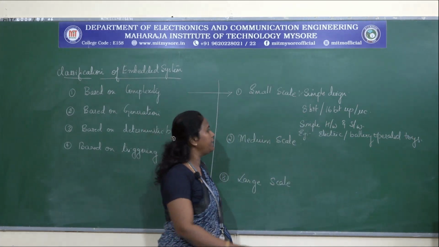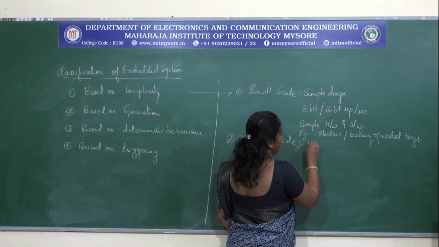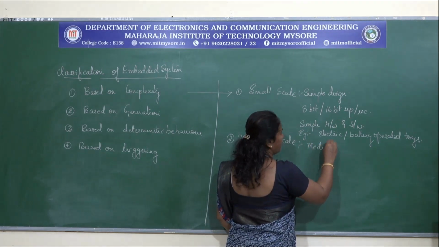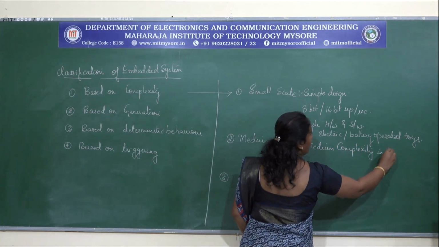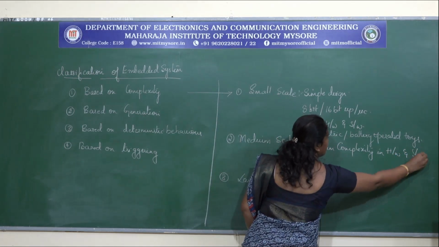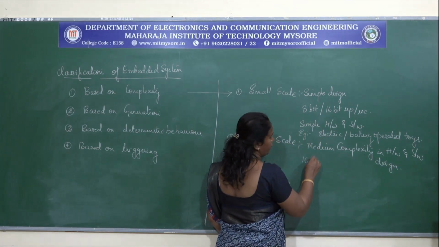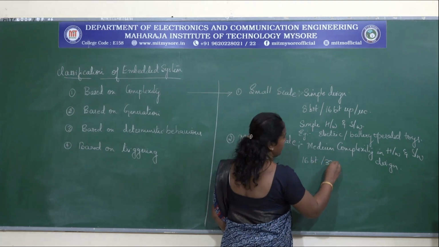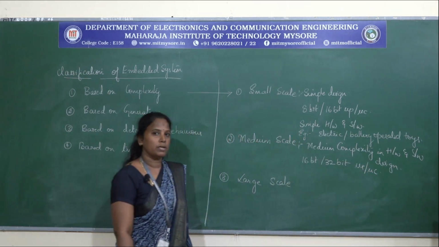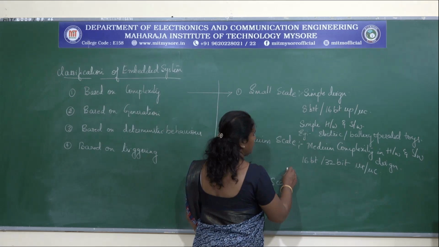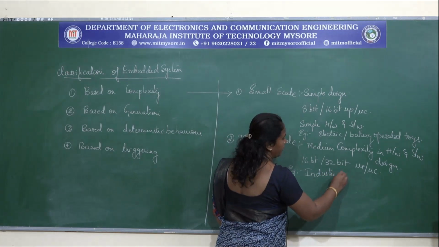The next is medium scale, where it has medium complexity in hardware and software designing, and it consists of a 16-bit or 32-bit microprocessor or microcontroller. Here an example is industrial machines.